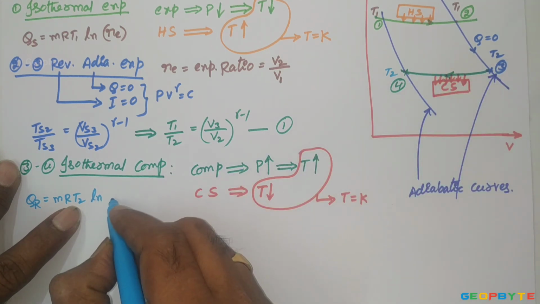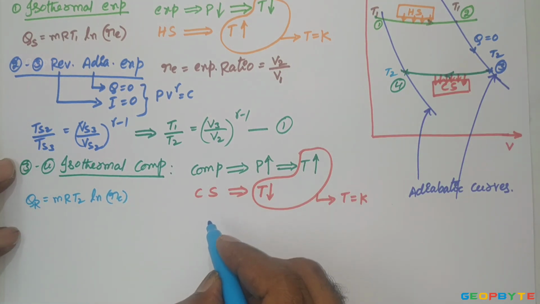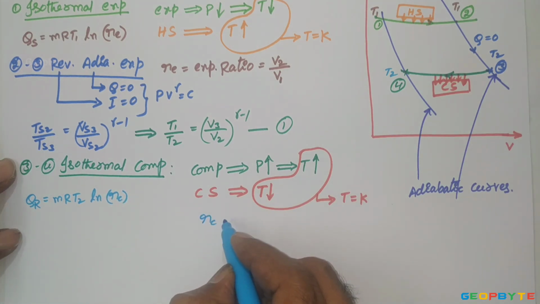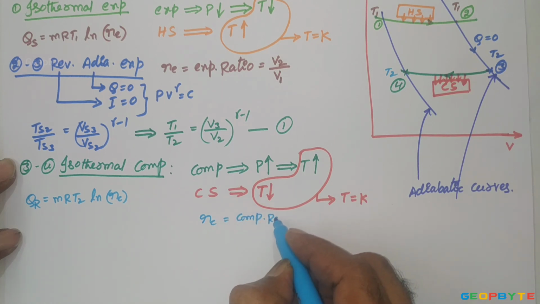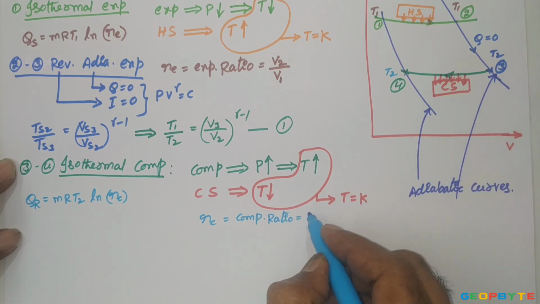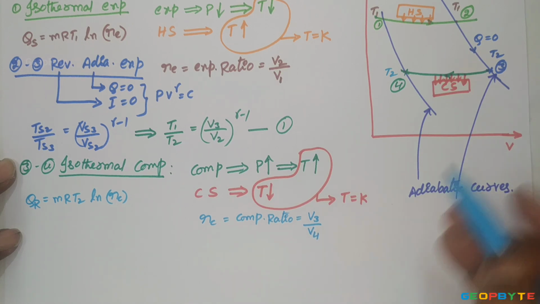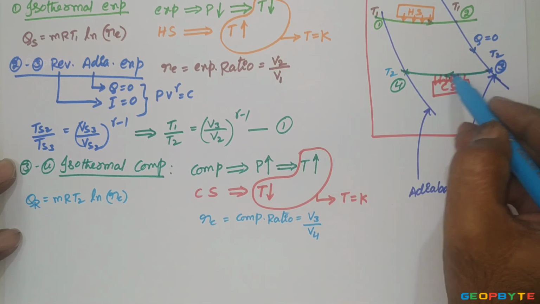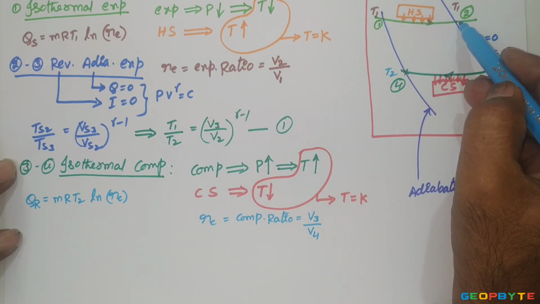ln RC, where RC equals the compression ratio. That compression ratio equals volume before compression by volume after compression. Remember, compression ratio and expansion ratio are the volume ratios.